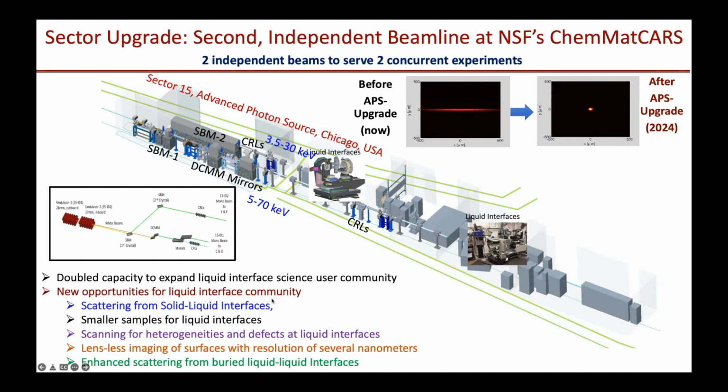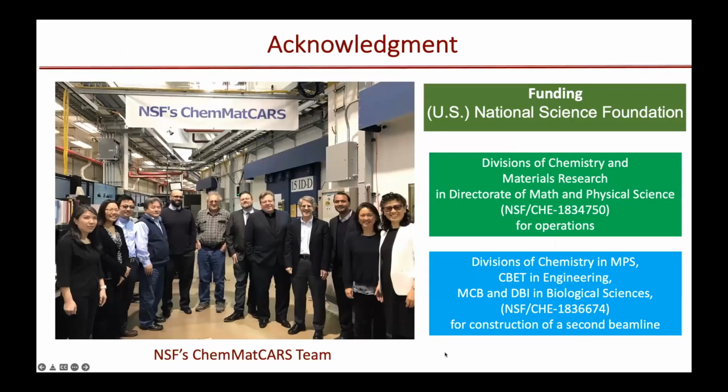I'm not going to read through all the areas for the sake of time, but I'd like to point out that coherent imaging is one of the areas on the list. This is our team picture with the PI and co-PIs and the beamline scientists. We look very happy; this is right after we heard that we'd be funded. And with that, I would like to thank you for your attention.